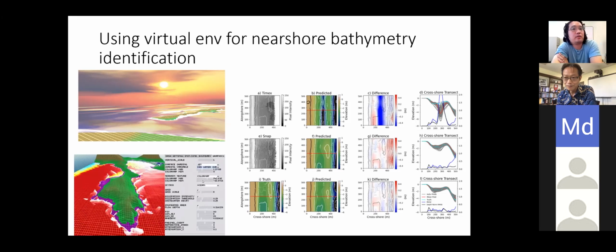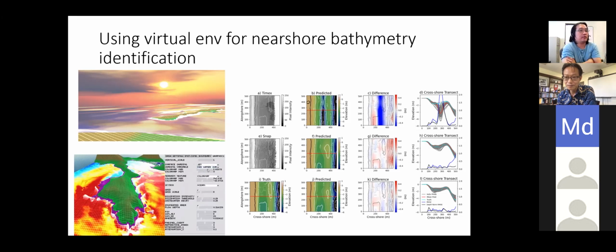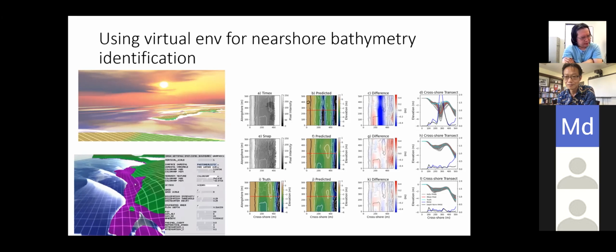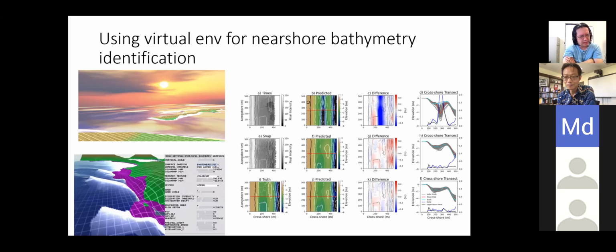I really don't know about Blender or something like that, but they probably use SPH, smoothed particle hydrodynamics. Yeah, particle.